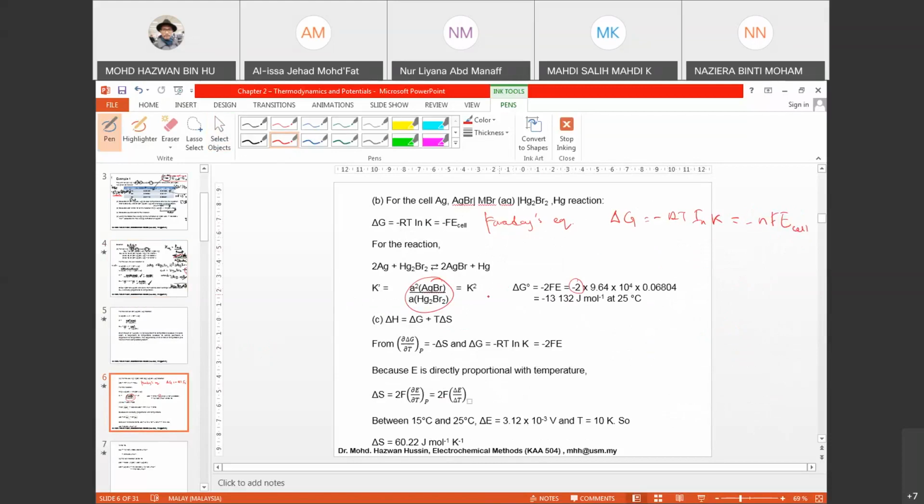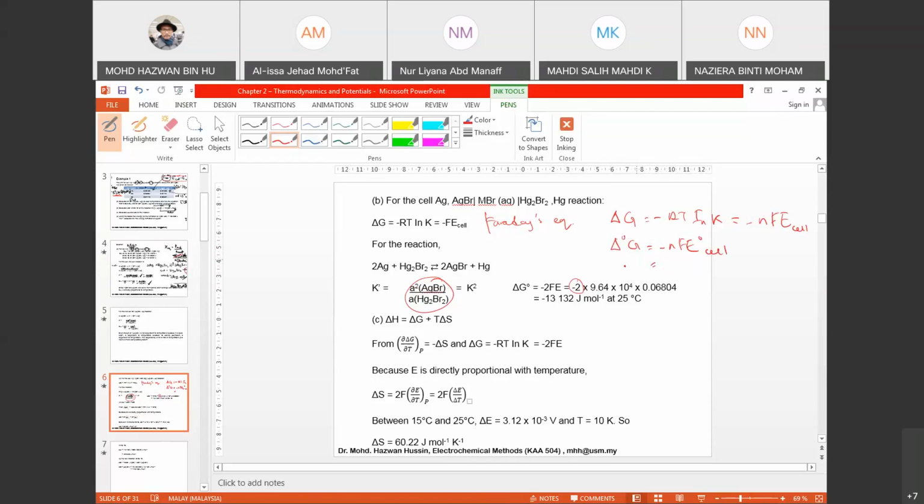Since the delta G value is equal to negative NFE naught cell, then you can substitute.